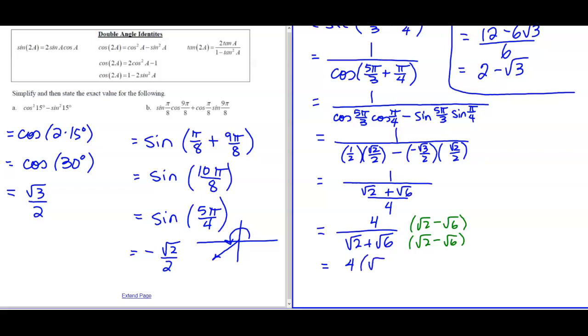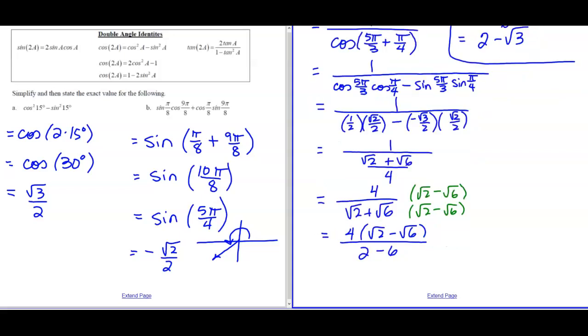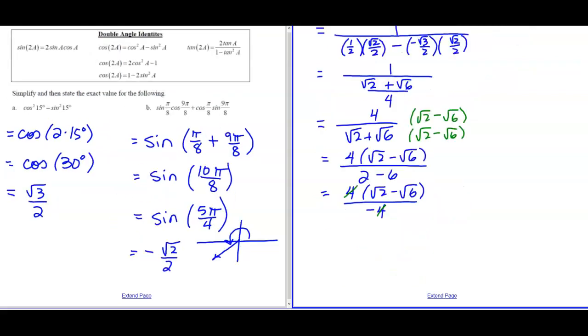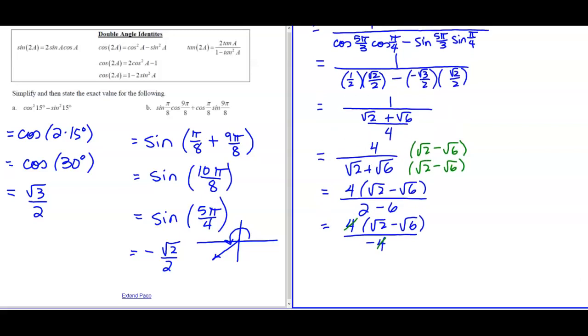I'm going to leave it. And then divide the negative in, so that would be, actually I'll put the positive term first. It doesn't matter which term you put first.